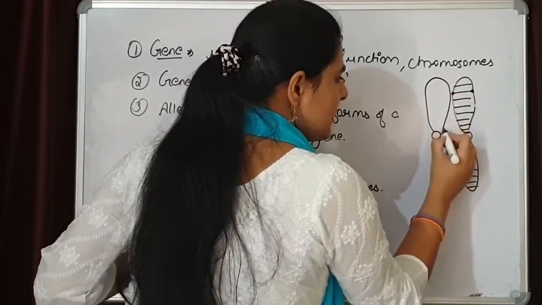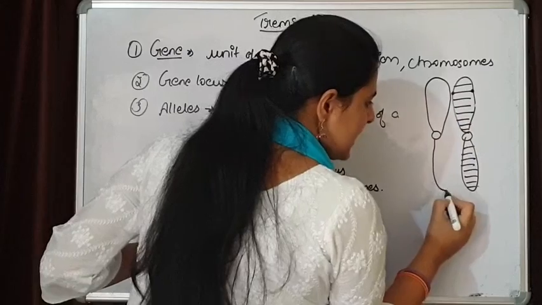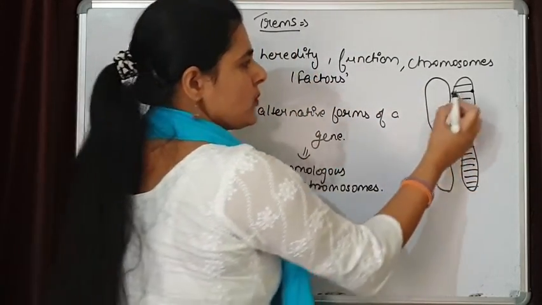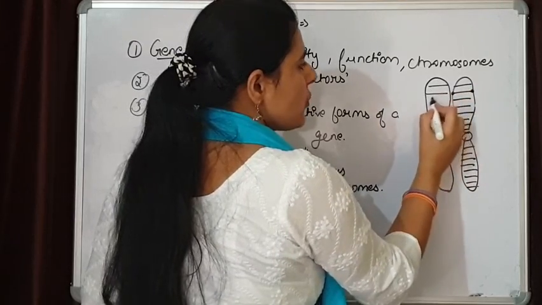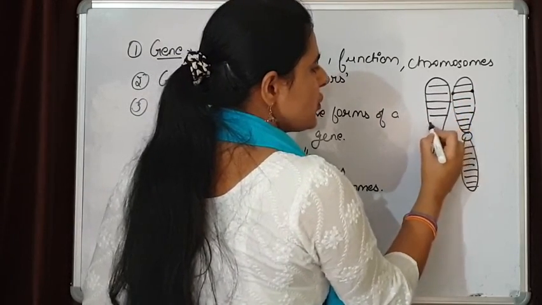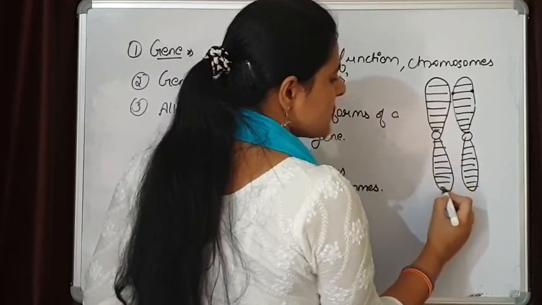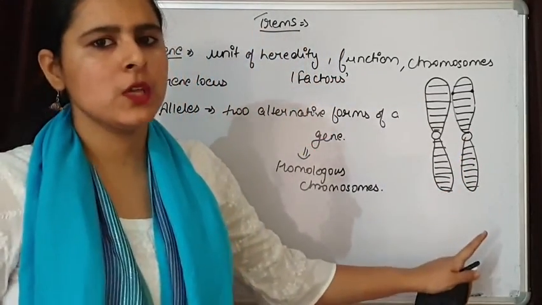Homologous chromosomes means the chromosomes which contain the same genes. These alleles are present on a pair of homologous chromosomes. Homologous chromosomes are of the same shape and size, plus they carry the same genes. The genes which are present on this chromosome, exactly the same genes controlling the same traits are present on this chromosome. So these are two homologous chromosomes.